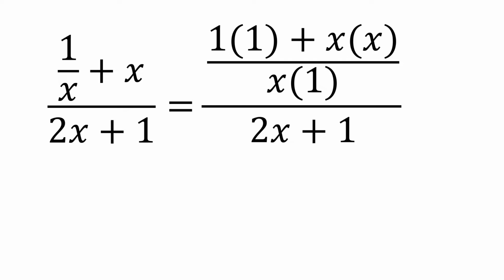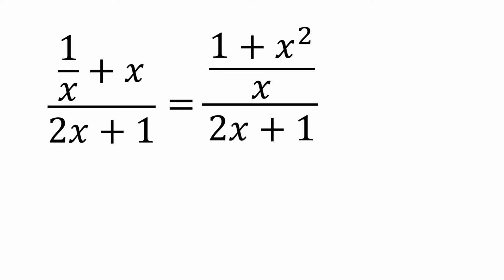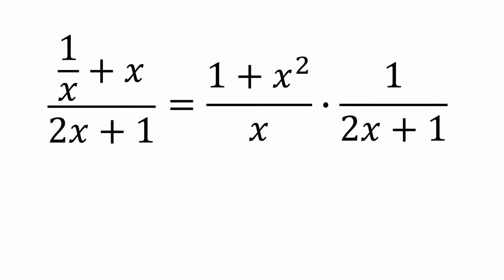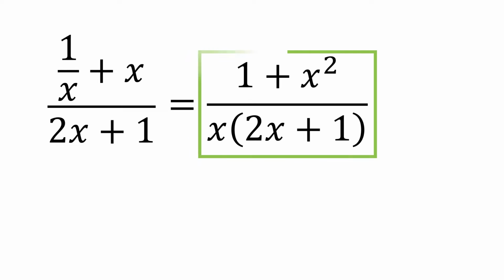Now this can be simplified to ((1 plus x squared) over x) over (2x plus 1). By property of fractions, we can write this as (1 plus x squared) over x times 1 over (2x plus 1), which simplifies to (1 plus x squared) over x times (2x plus 1).